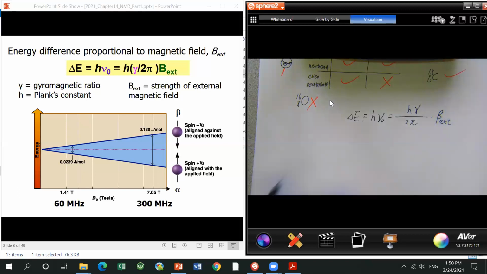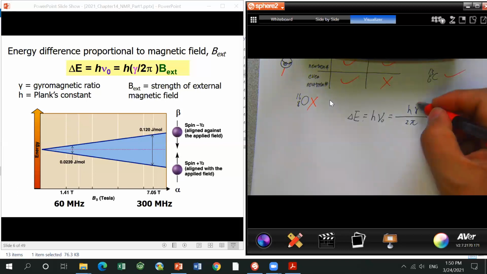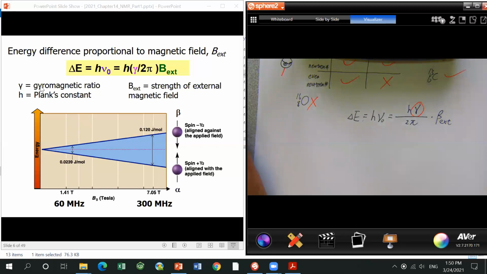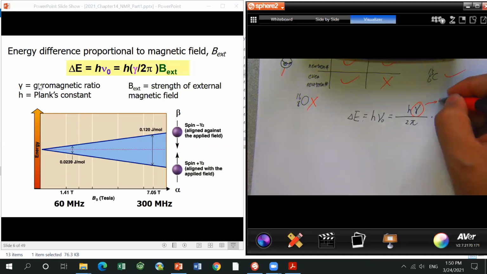Gamma we call the gyromagnetic ratio. This one is only related to the individual atom, the nucleus. Different atoms have different gamma values. And here is the external magnetic field.